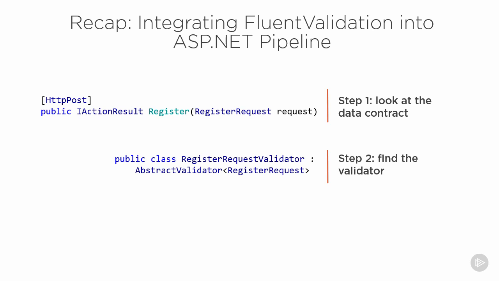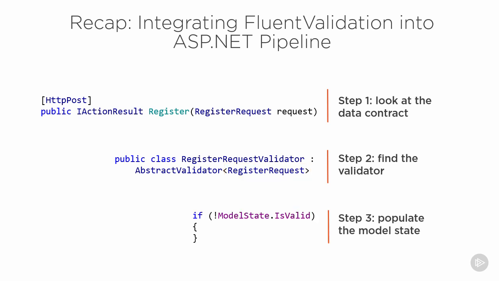Then it automatically resolves the corresponding validator class, since each validator is defined for a specific data contract. After that, the library uses the validator to check the incoming data contract and populates the model state property with any validation errors it finds.